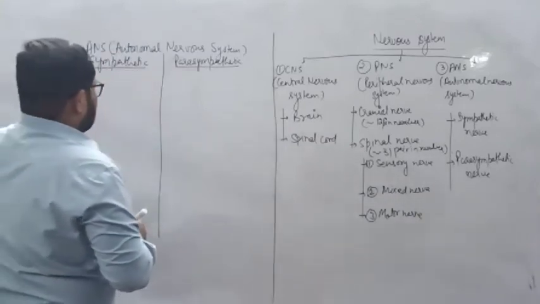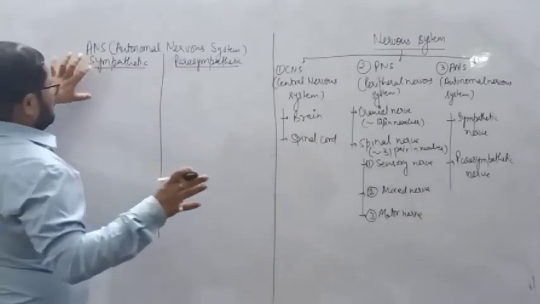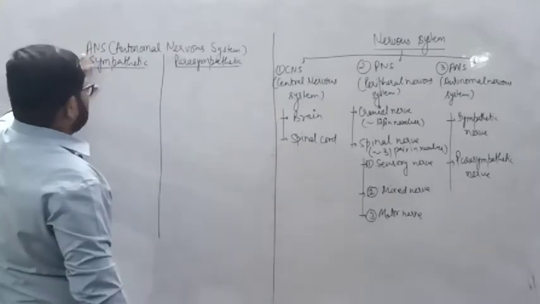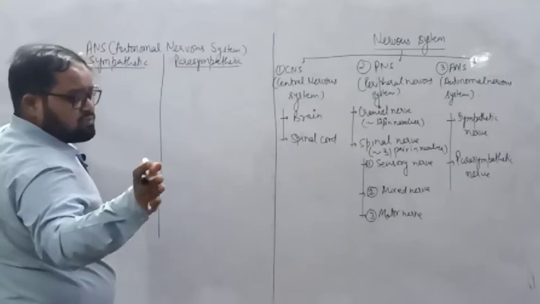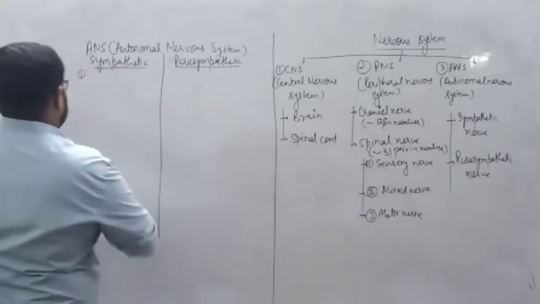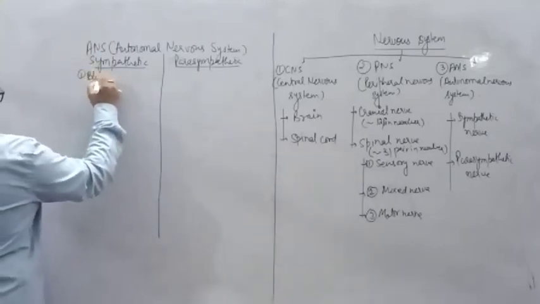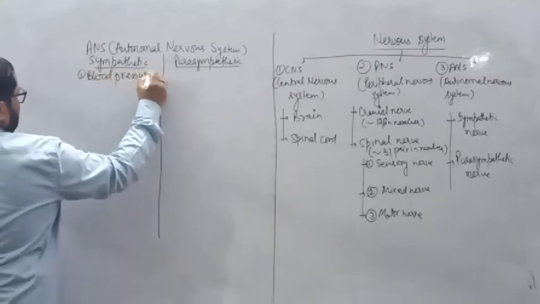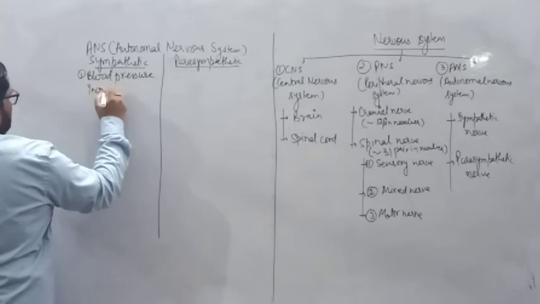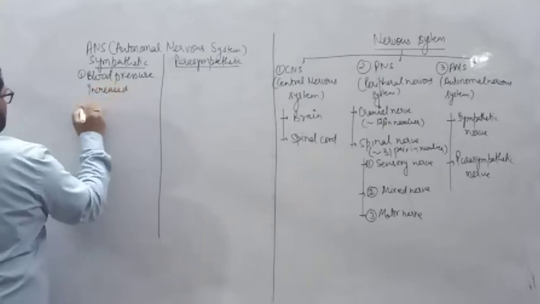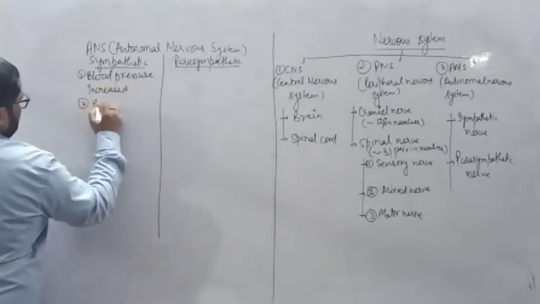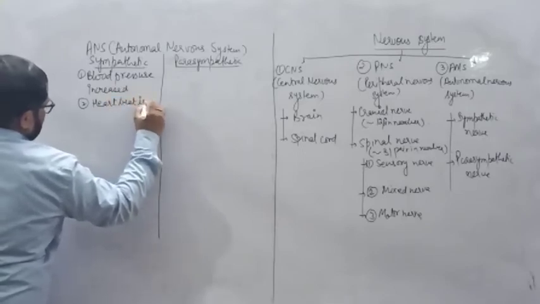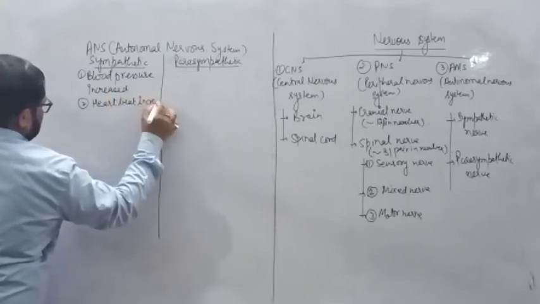Now we will write that. All these conditions take place with the help of nerves. The sympathetic nerve is responsible for all these situations. Number one, blood pressure increased. Second, heartbeat increased.